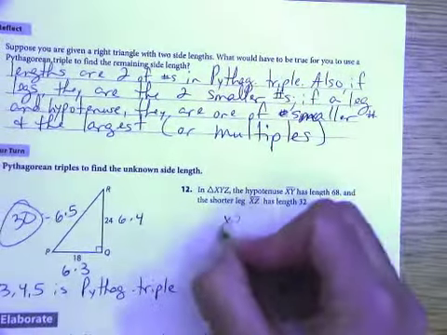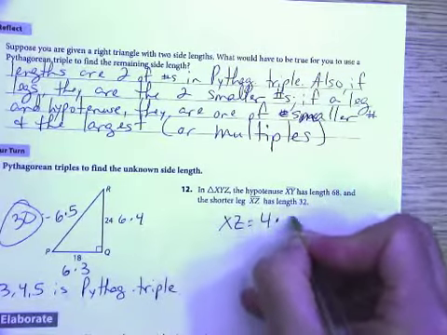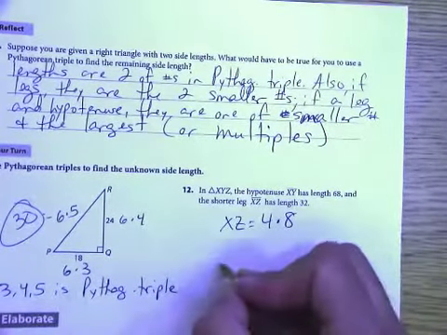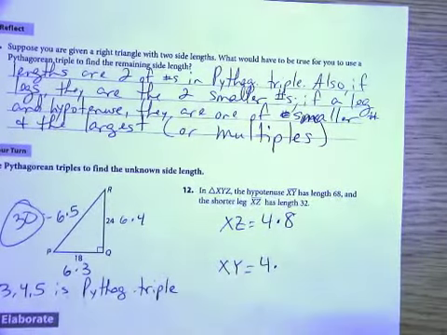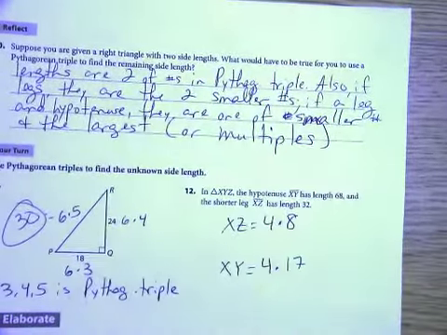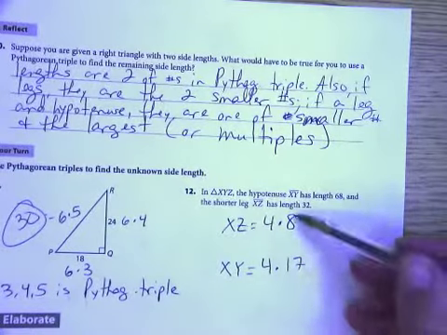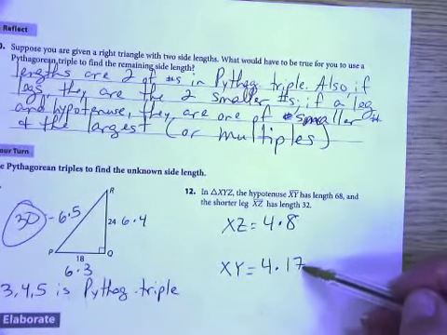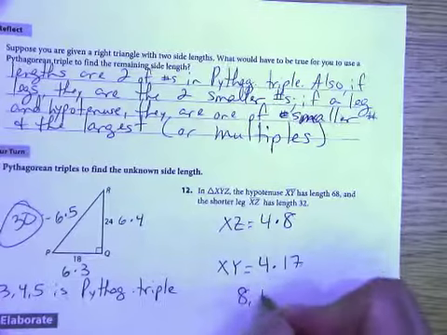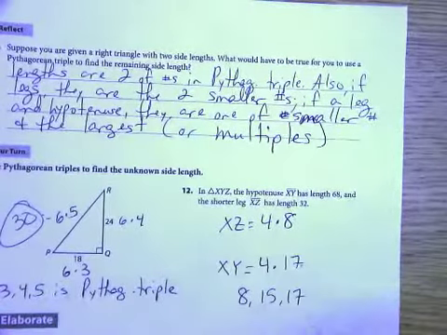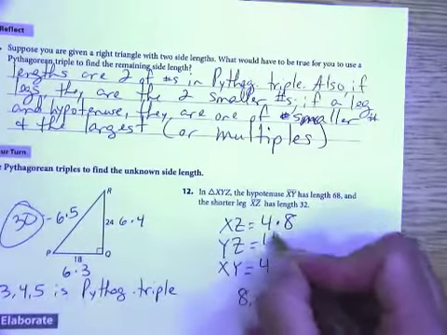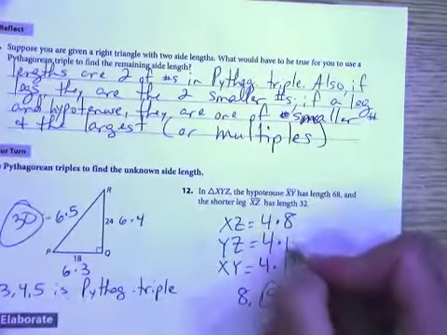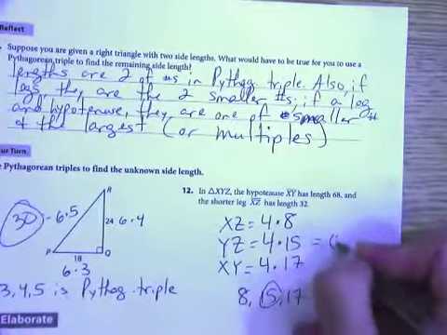Okay, so xz equals 4 times 8. xy equals 4 times 17. Oh, 8 as a leg and 17 as a hypotenuse. That's 8, 15, and 17. So that means that yz must equal 4 times 15, which is 60.